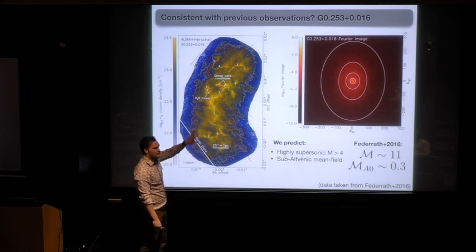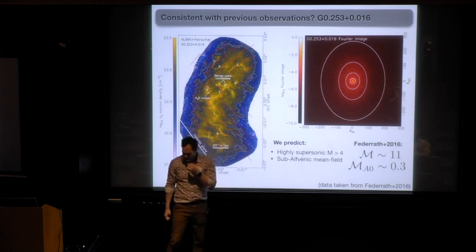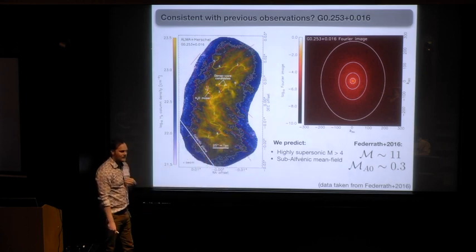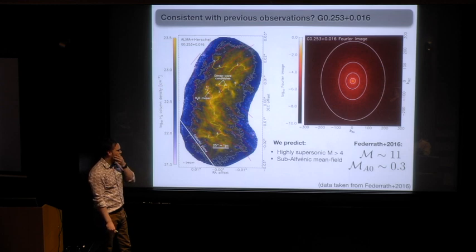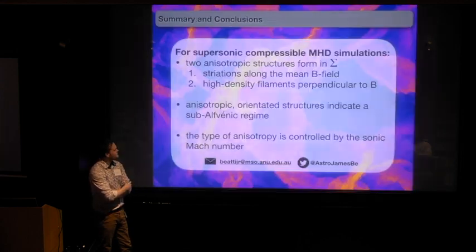Based on a hand-wavy application of looking at our power spectra, we would predict that it's a highly supersonic cloud and that it has some kind of sub-Alfvénic turbulent regime as well. And indeed, if we measure it based upon these quantities in the 2016 paper, it's Mach 11 and Mach alpha 0.3. So it seems to qualitatively agree.